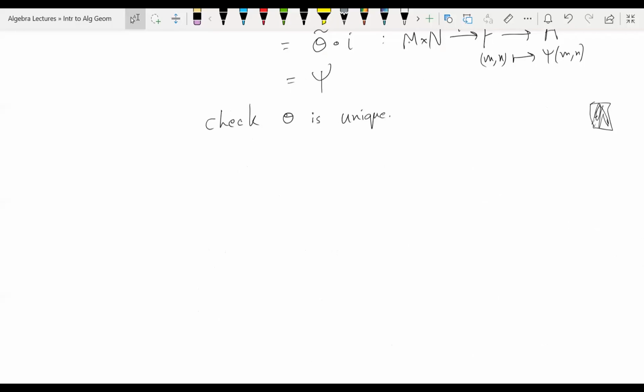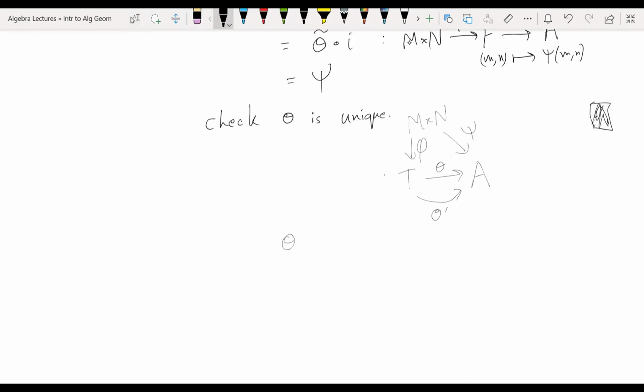So suppose theta is this map T to A which makes this diagram commute, with M cross N, there is the C, and then there is this phi. Now suppose theta prime is another map which does this. We want to show that theta and theta prime are the same.